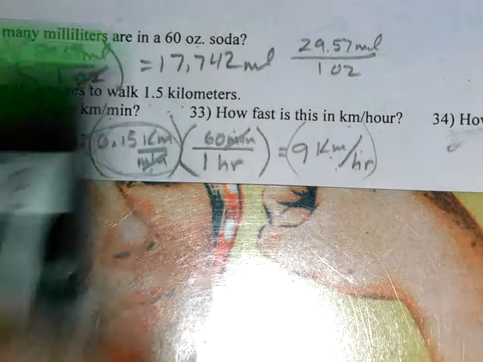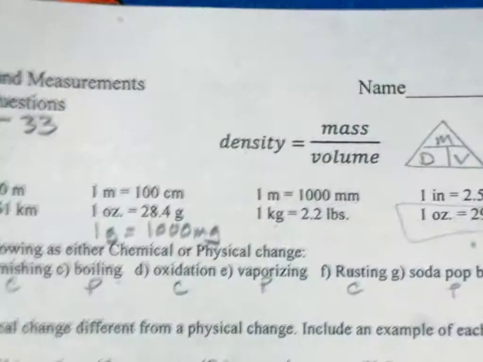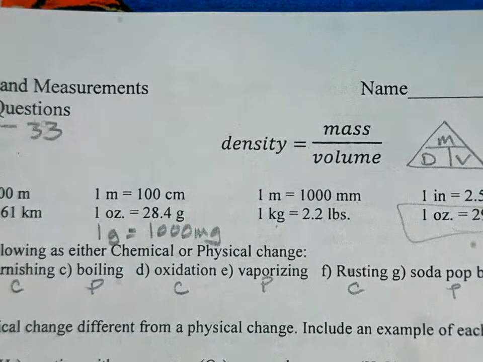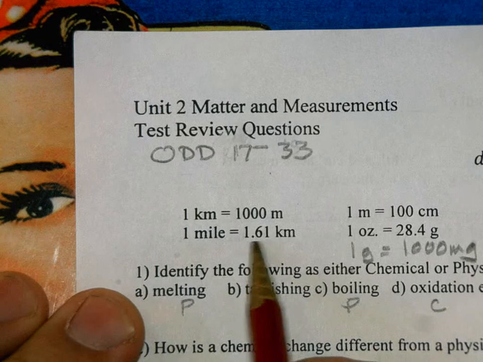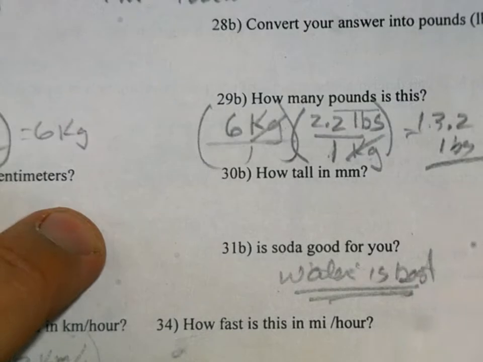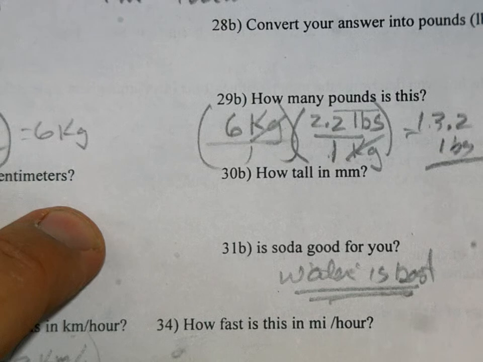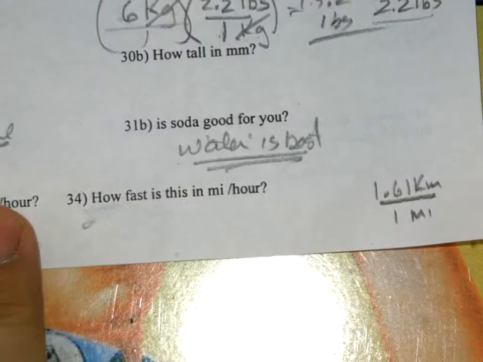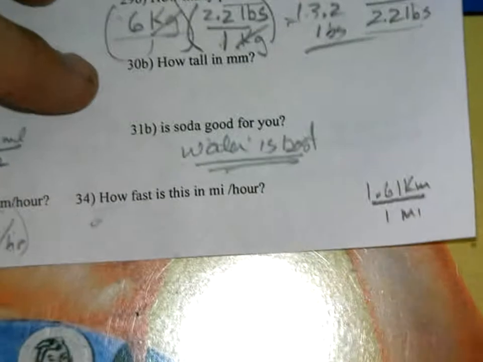So let's see what the conversion is for kilometers to miles. And right there, 1.61 kilometers is 1 mile. 1.61 kilometers per 1 mile. So, let me zoom out. Couldn't see that. So I just wrote that off to the side. You may have to do that on the test because all those conversions will be on the first page.